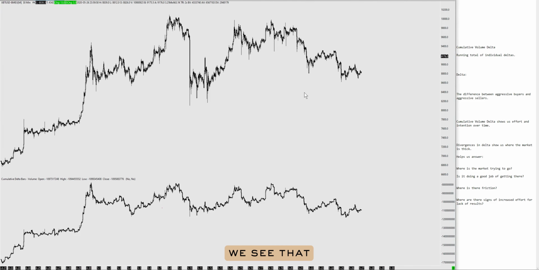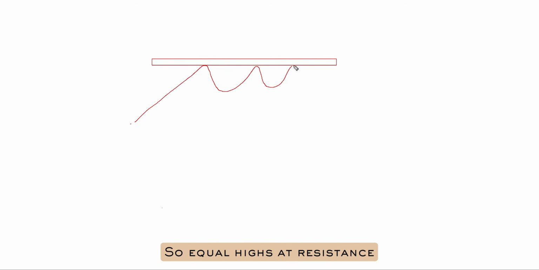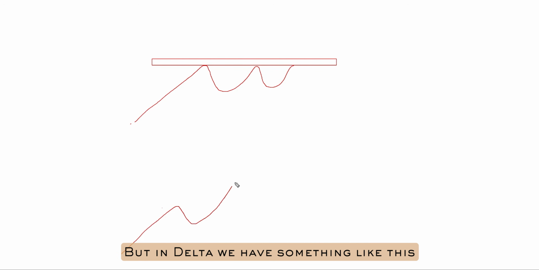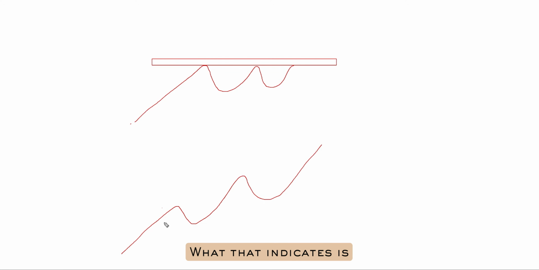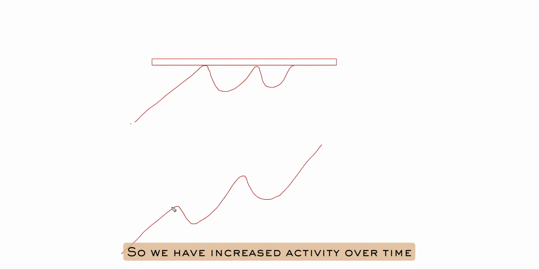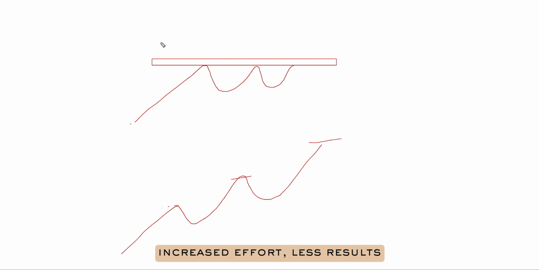If, for example, we see that we're approaching a resistance, and on the price chart we have something like this over time, so equal highs at resistance, but in delta we have something like this, what that indicates is that buyers were still getting aggressive on the tape, buying up the offer, but they were doing nothing to move price. So we have increased activity over time, increased effort, less results.